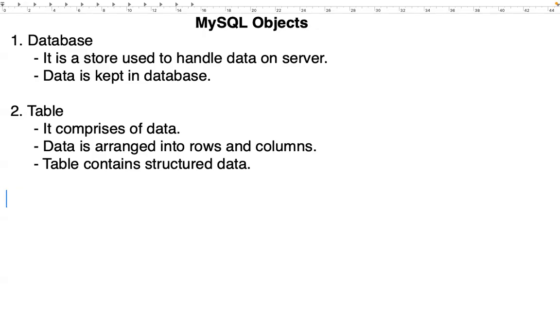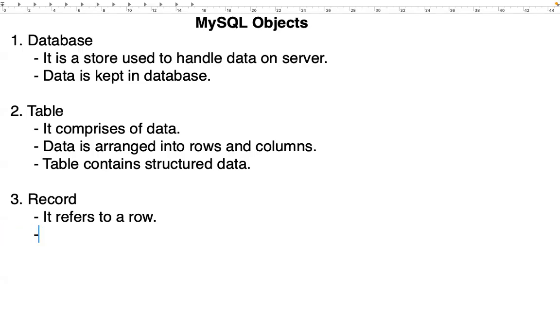Inside a table, data is in records. A record refers to a row. So inside a table, data is arranged in rows.